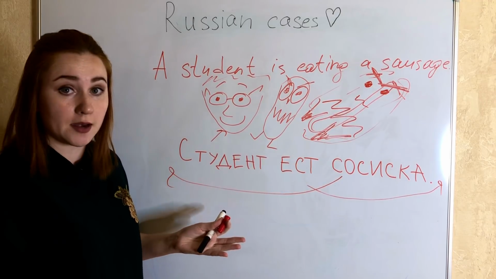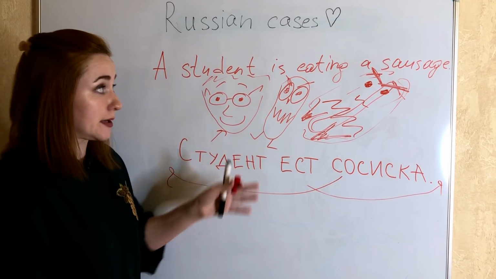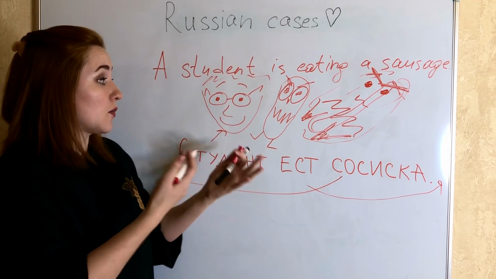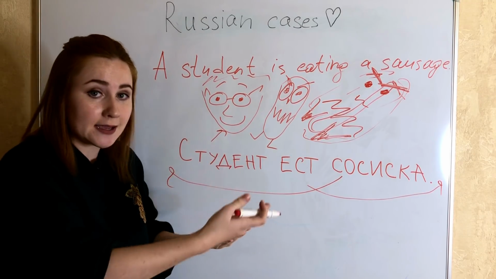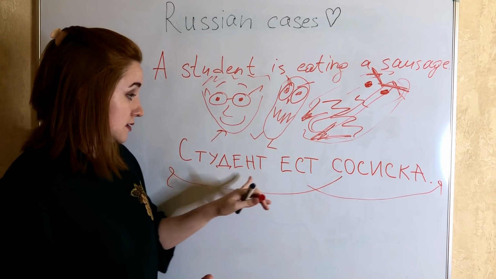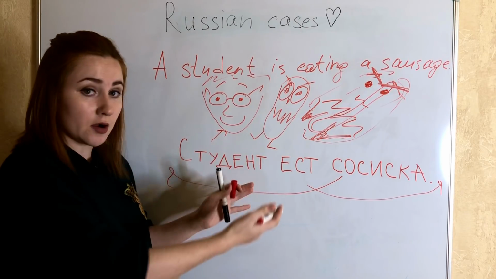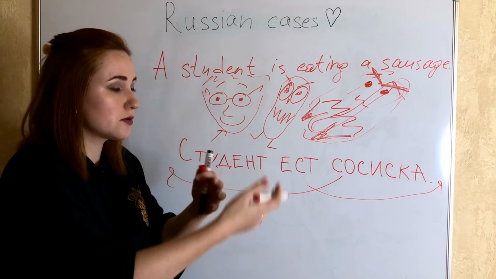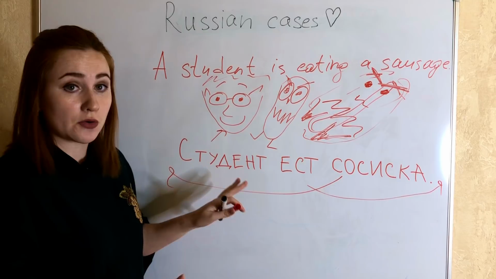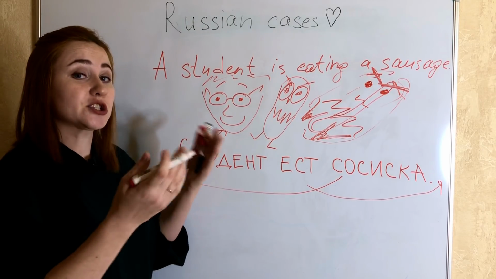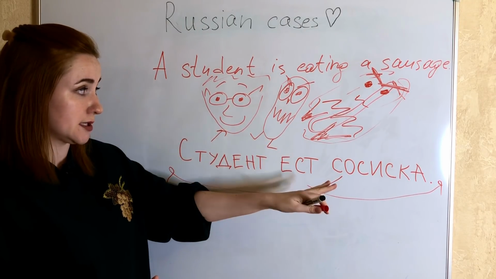We don't know anymore. So in Russian, cases are the only way to make sense in a sentence. So to know what's the object, what's the subject, what's going on. So how do we show it? We show it by changing the endings.